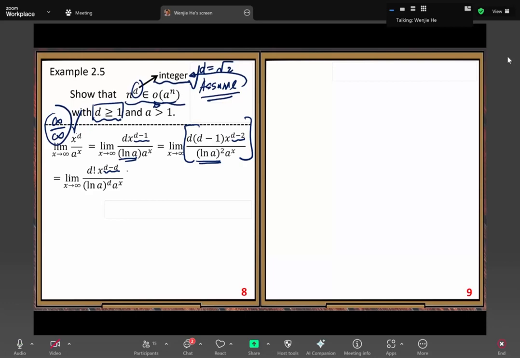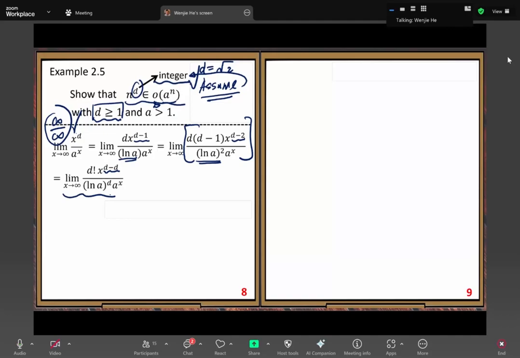All right, so this is the last step. The numerator is d factorial, and the denominator is natural log of a, to the dth power, then times a to the x.